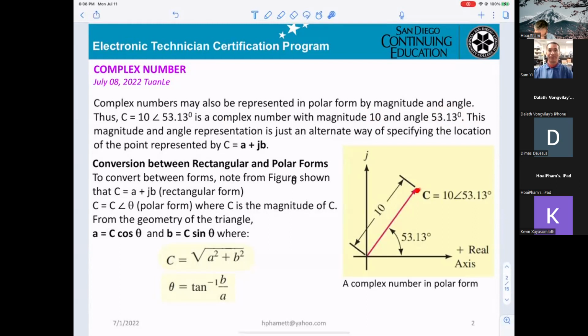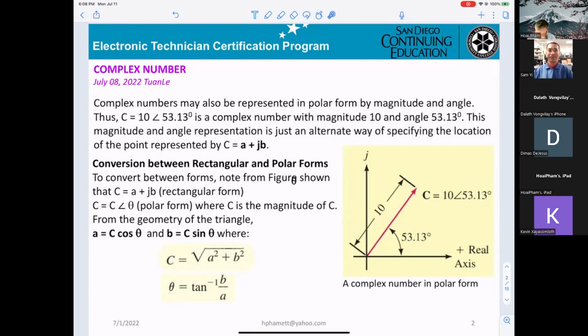So now you can see the point C right here. The amplitude here will be 10 and the angle will be 53.13. That is the polar form: C equals magnitude C, angle theta, where C is the magnitude of C, from the geometry of the triangle.